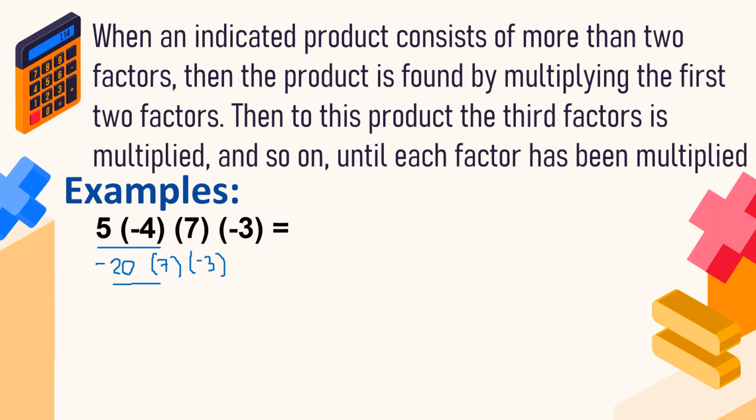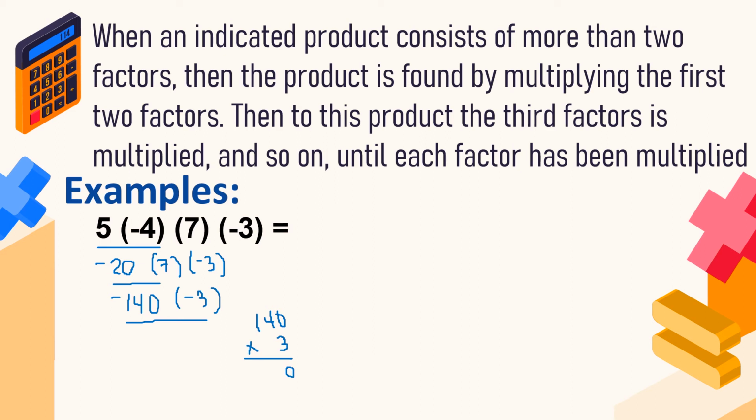Next, dito na tayo. Negative 20 times 7 since different sign, negative ulit ang sagot. And 20 times 7 is equal to 140. Then times negative 3. So, since dito, pareho na sila ng negative, kaya magiging positive na ang sagot. And to solve 140 times 3, 3 times 0 is equal to 0.